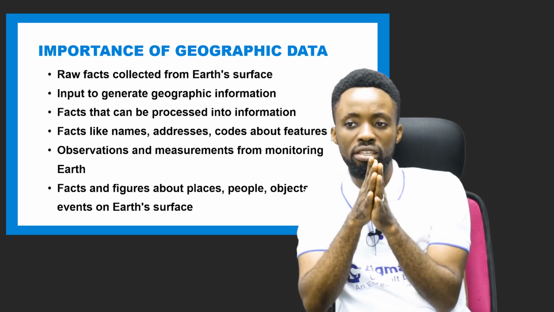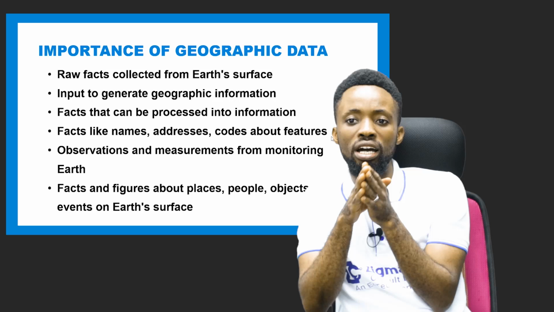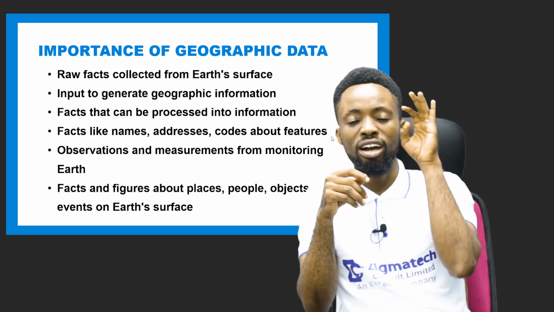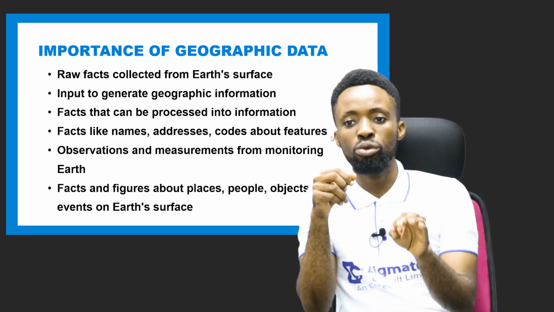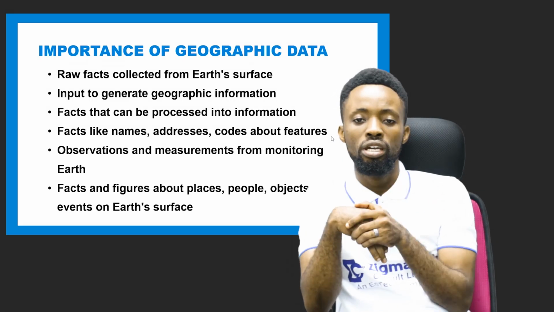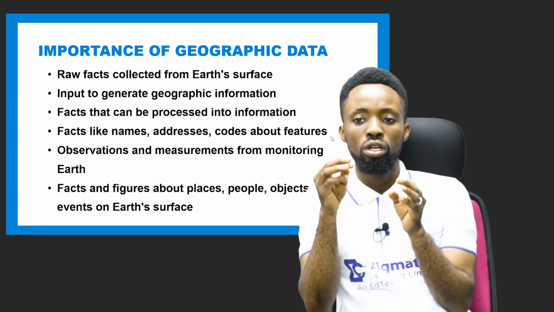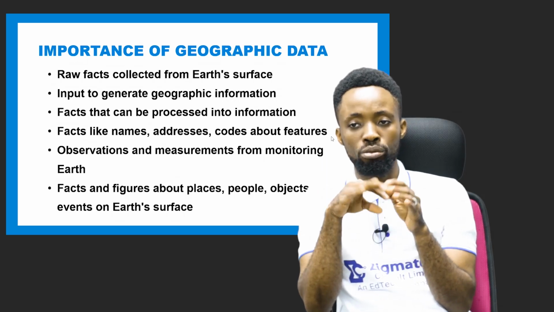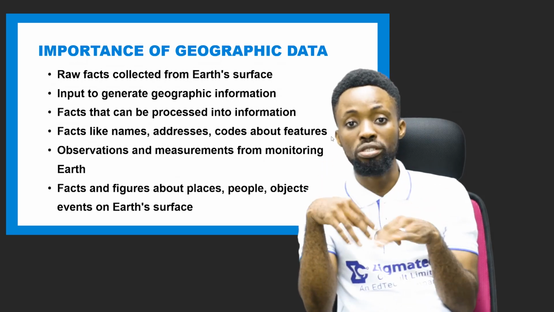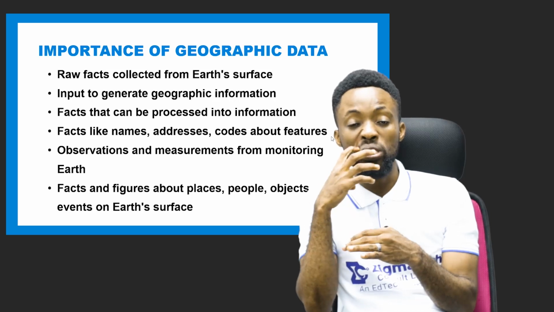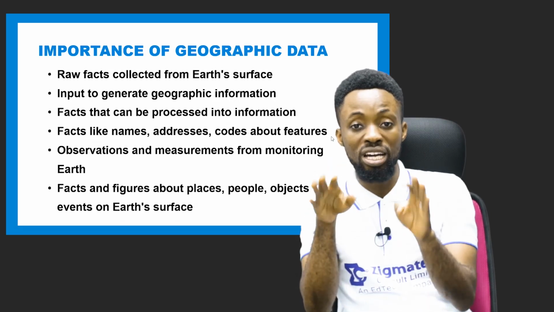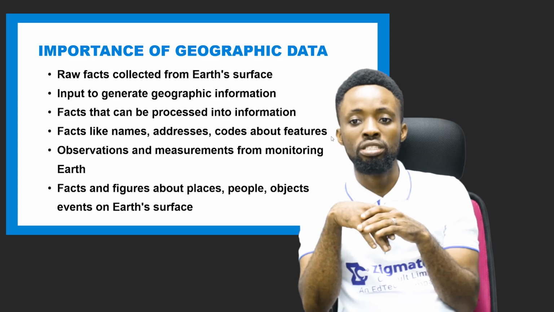Then the next thing about geographic data is that when we input it, it will help us to generate a form of geographic information. And also, facts gotten from geographic data can be processed into information that we can use in different sectors in our daily activities.